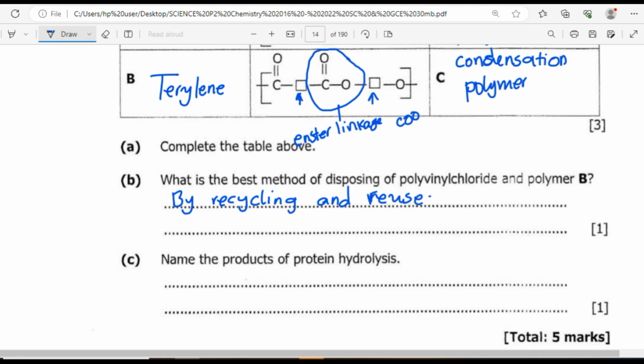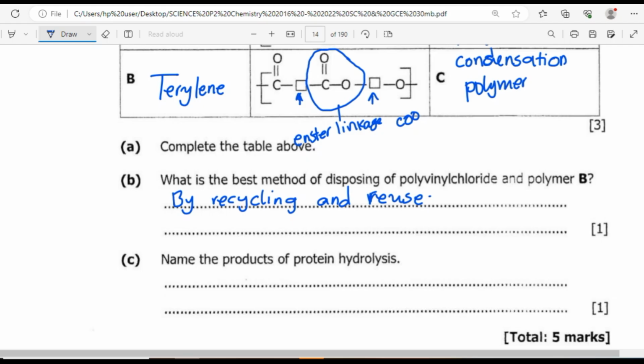Why? If we try to burn them, they are going to give off a gas that may cause air pollution. We still have the negative. So the best way is to recycle. After we recycle, we at least make them to be used. Then for question C, name the products of protein hydrolysis.